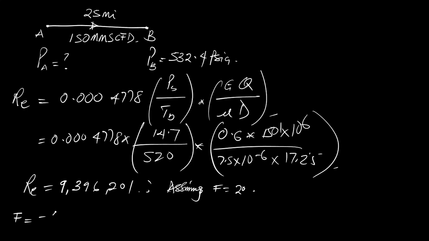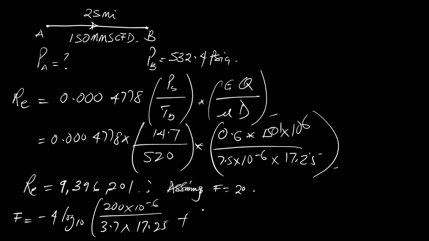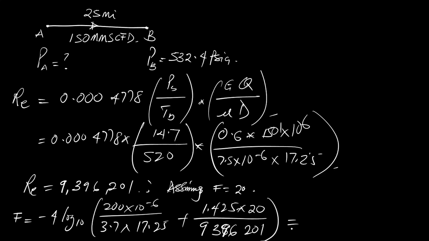So now we have F equal to minus 4 log to base 10 bracket open E, which is 200 times 10 raised to power minus 6 divided by 3.7 divided by D, which is 17.25, plus 1.425 times the assumed value of F divided by the Reynolds number, which is 9396201, bracket close. So this will be equal to what?